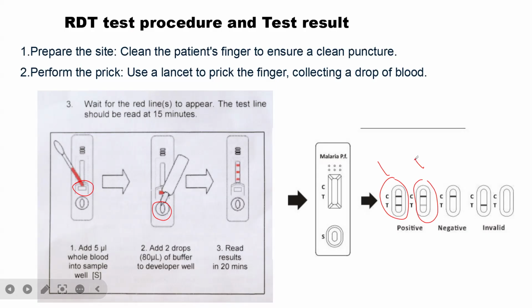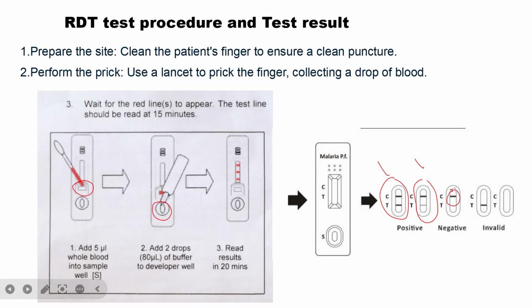And then, of course, it is going to be negative if you only have a line at the control line. So if you can see that you have the single line at the control line, that tells you that it is a negative result. And it is invalid if there is no control line.